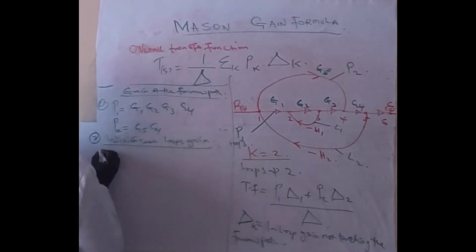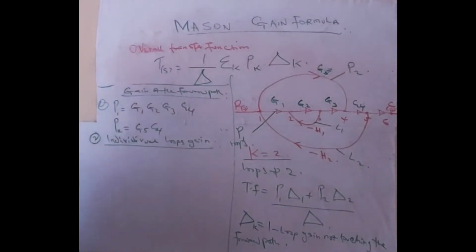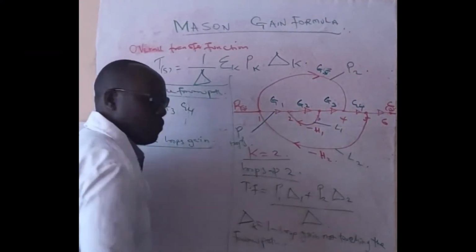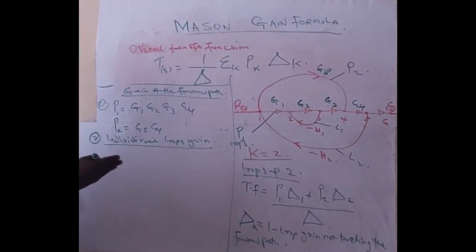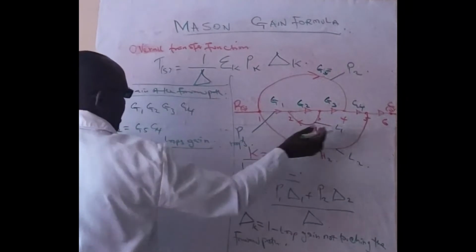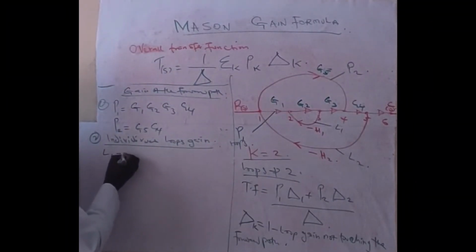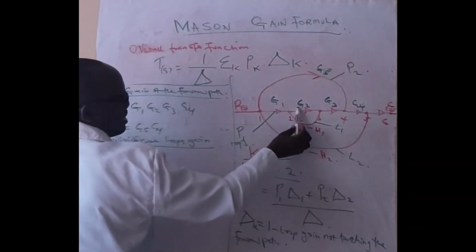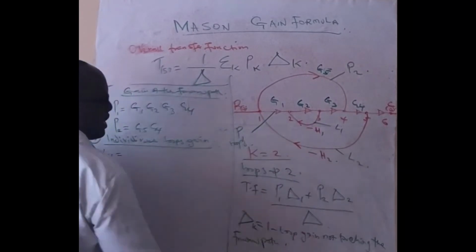Based on the signal flow graph, there are only two loops. Loop number 1, which we call L1, has the gain G1 multiplied by negative H1.